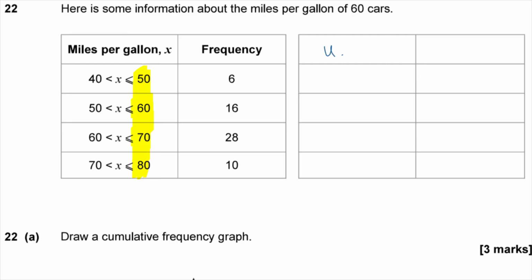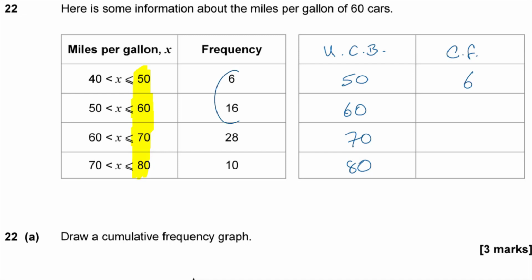My upper class bounds are going to be those values: 50, 60, 70 and 80. My first cumulative frequency is the same as my frequency.